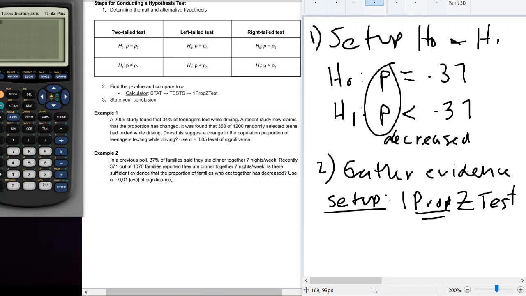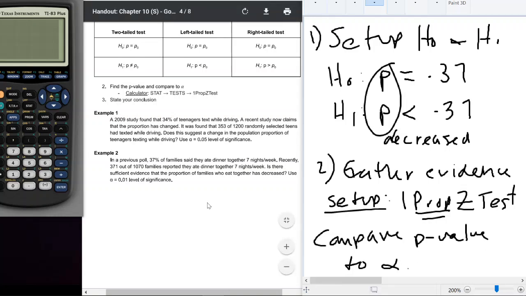If you're using the parameter proportion in your setup for step 1, 1 prop z test will be the one of interest. Once we find the p-value with 1 prop z test, we will compare the p-value to alpha.